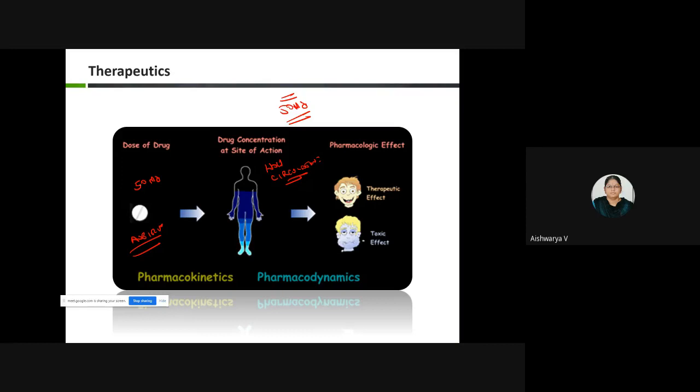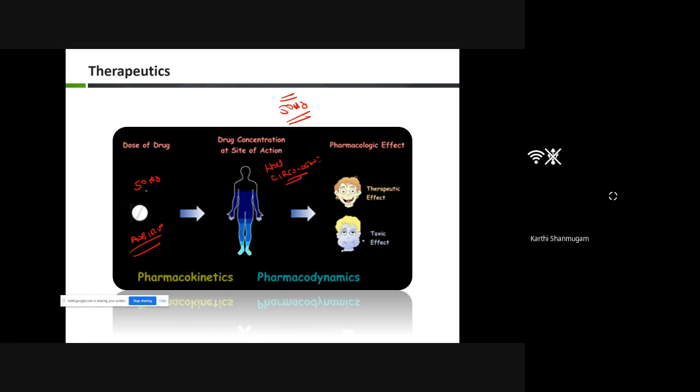Okay, say for example, you are taking 50 mg of aspirin. Aspirin is a well-known FDA approved drug molecule, very commonly available over the counter. Without prescription, you can get aspirin. So far I explained the different parameters studied under pharmacokinetics.